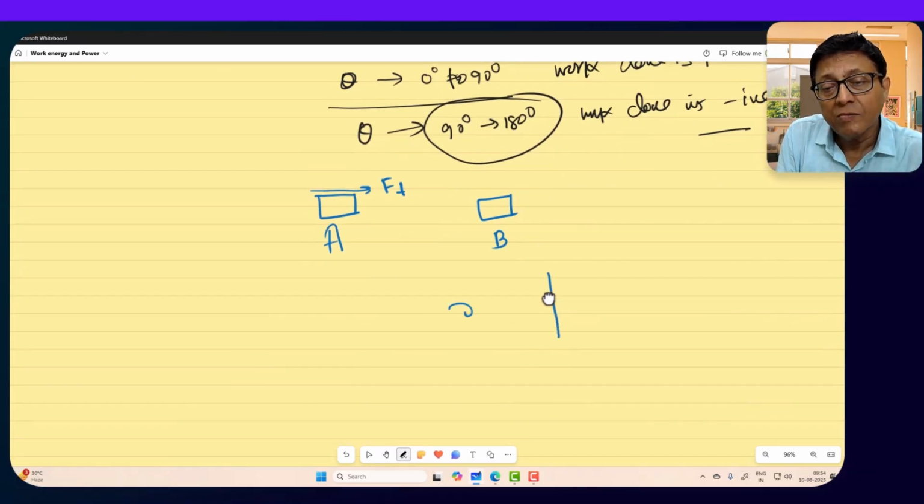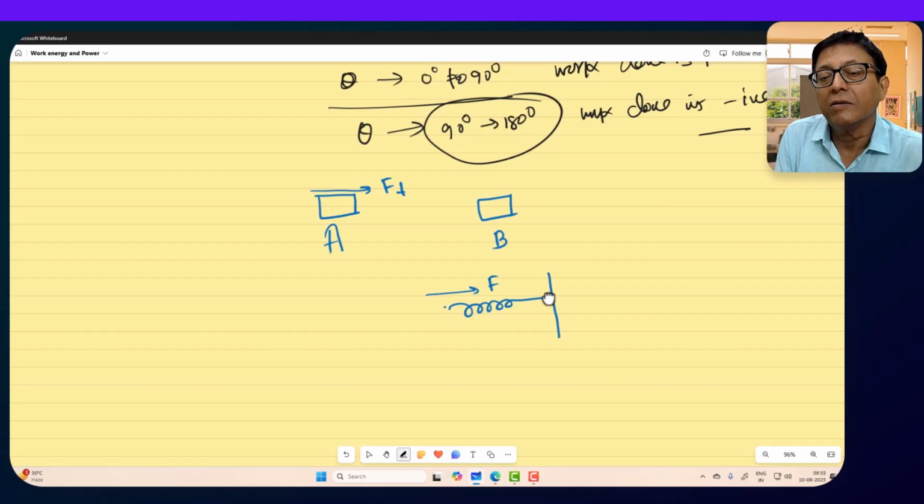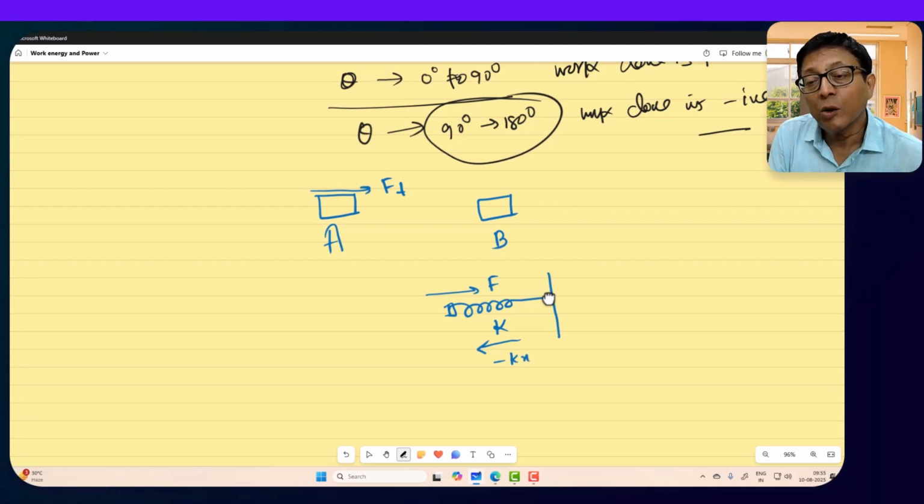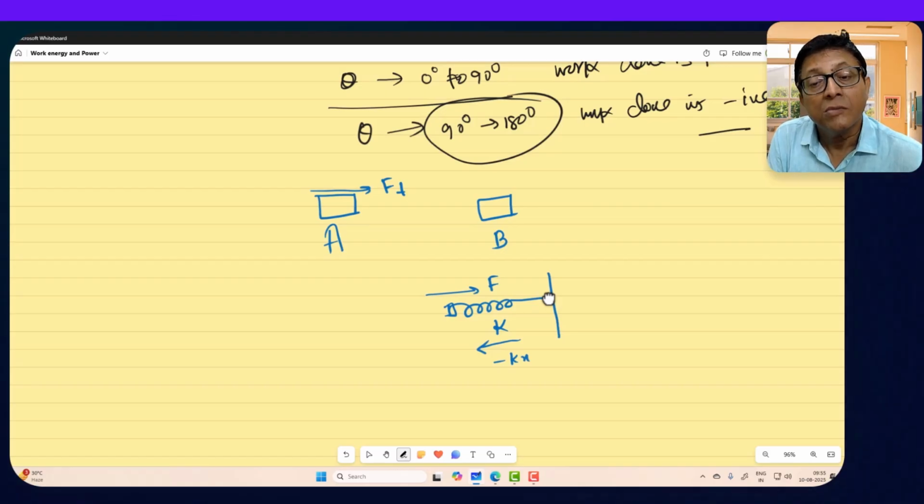But if it happens that we are applying force in this manner on a spring, the spring has some force constant K. Force will be developed against the compression, that is minus Kx. Here, you are applying a force, and that force will be equal to this Kx.